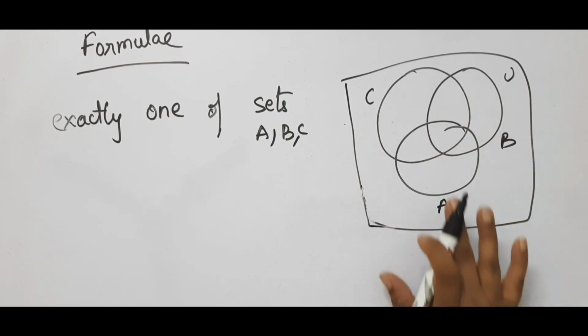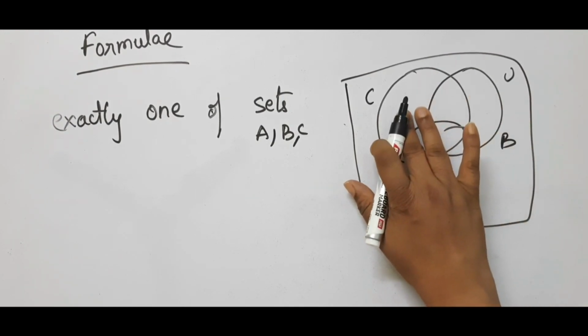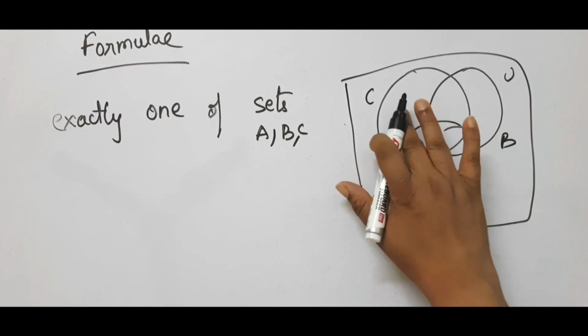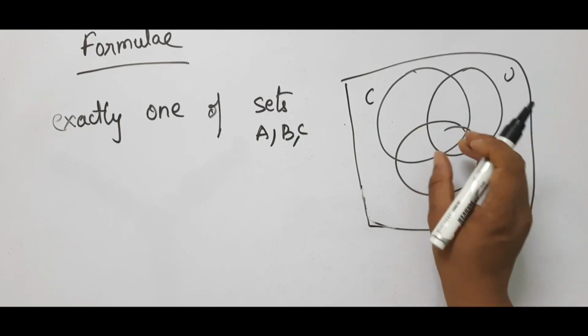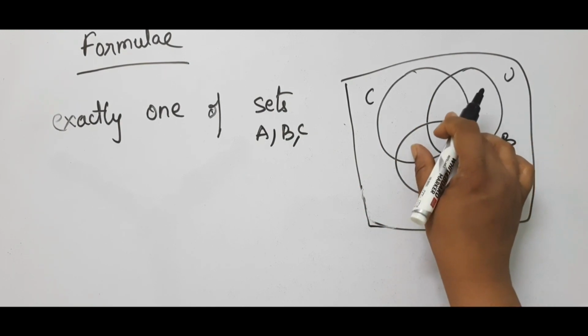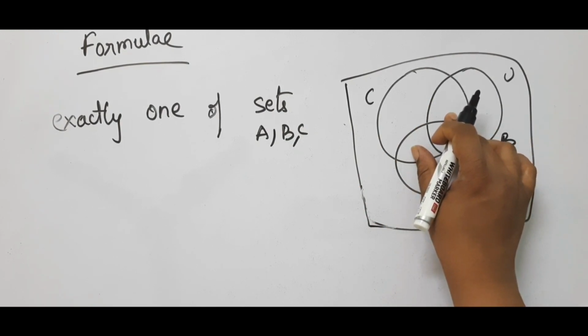So if you want a set containing the elements which are in this part, this part, this part, it should not include the elements which are in this part.